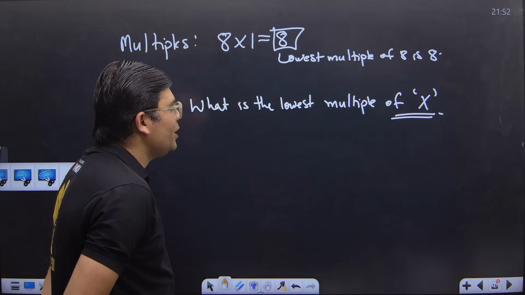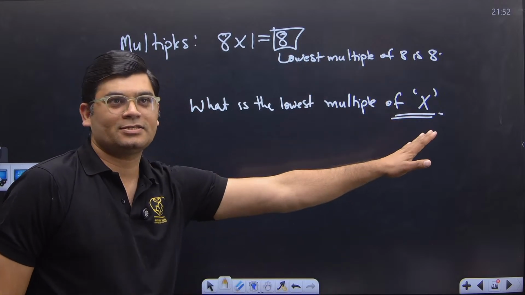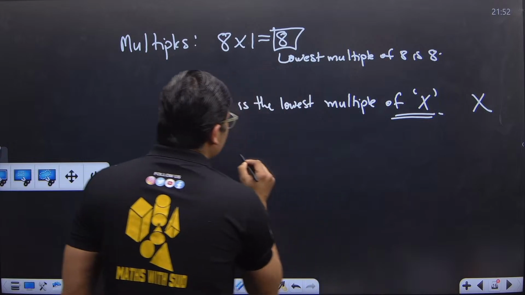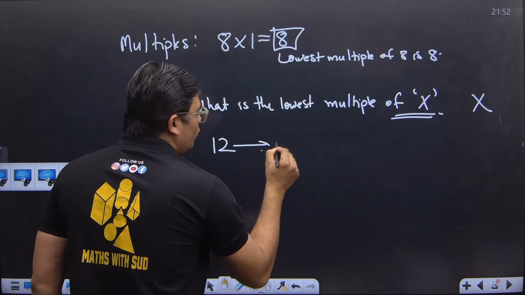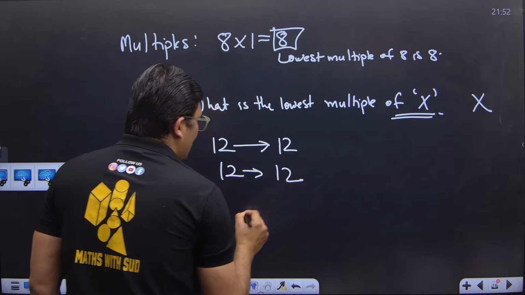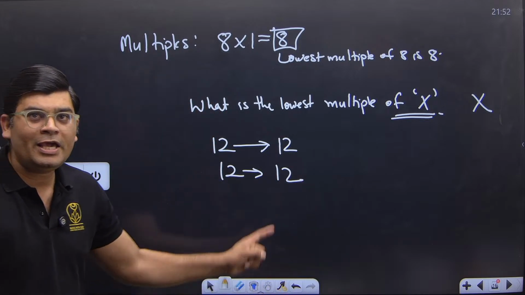So the lowest multiple of x is x. The lowest multiple of 12 will be 12. The highest factor of 12 will be 12. The lowest factor of 12 will be 1.